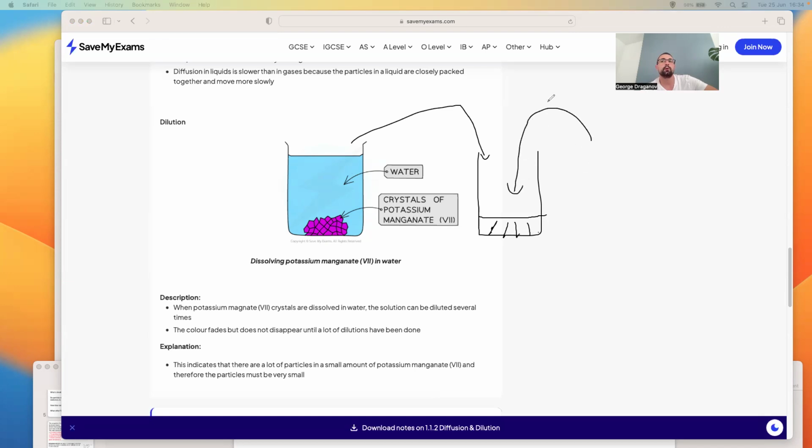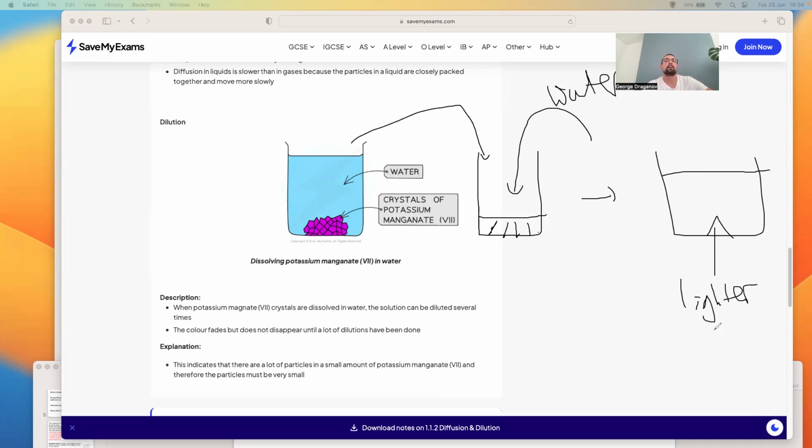But if I add more water to it, I'm going to dilute it, and then it will become lighter in color. So that's the key point. If you dilute something and it has color, it will slowly fade more. So the color fades but does not disappear until lots of dilutions have been done.